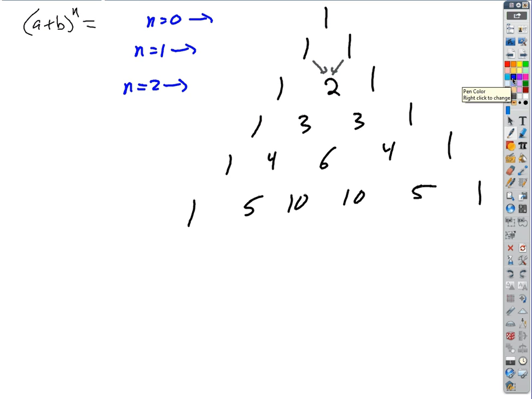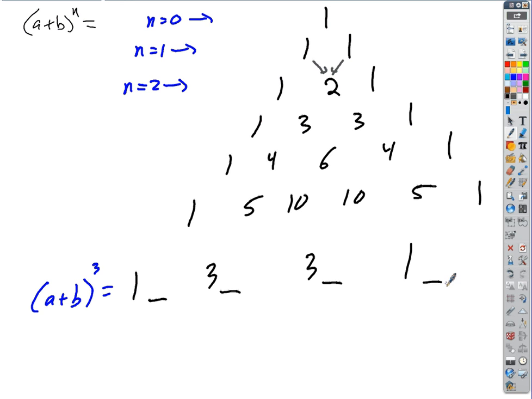If we do something like a plus b, let's just do, for example, a plus b cubed, okay? A plus b cubed, we know the coefficients are going to be 1, 3, 3, and 1, right? Well, what are the coefficients being multiplied by?